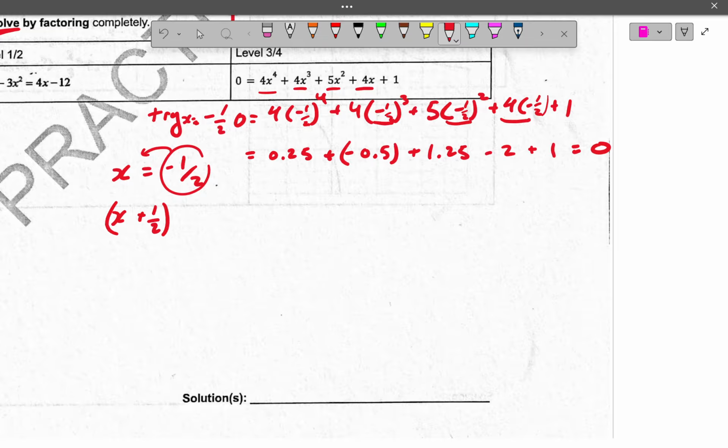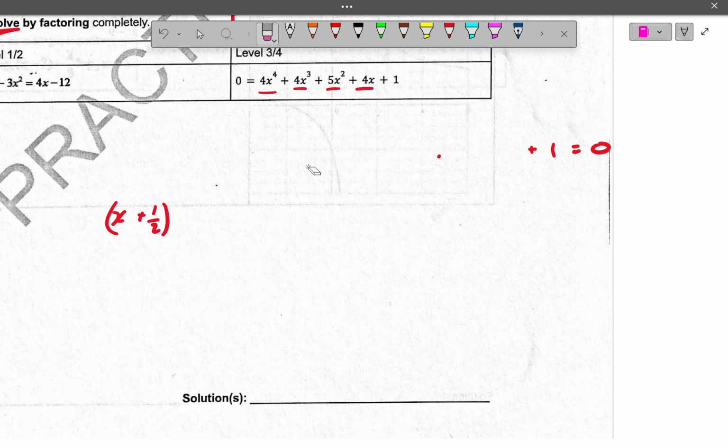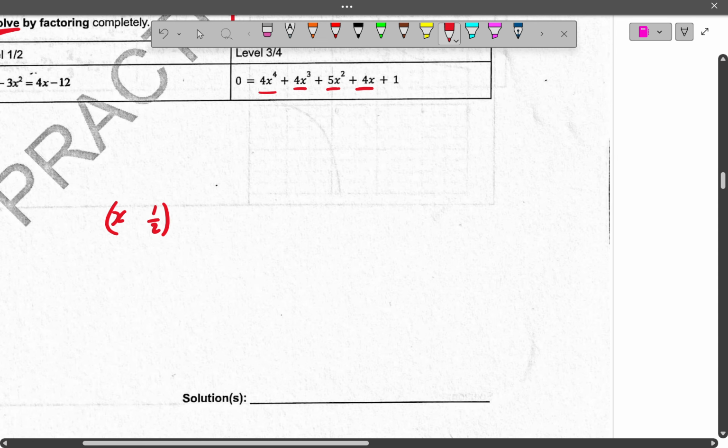And we continue now doing polynomial division. This is going to be quite long, so I'm just going to write out the steps. I hope it all goes well. Steps are still all the same.